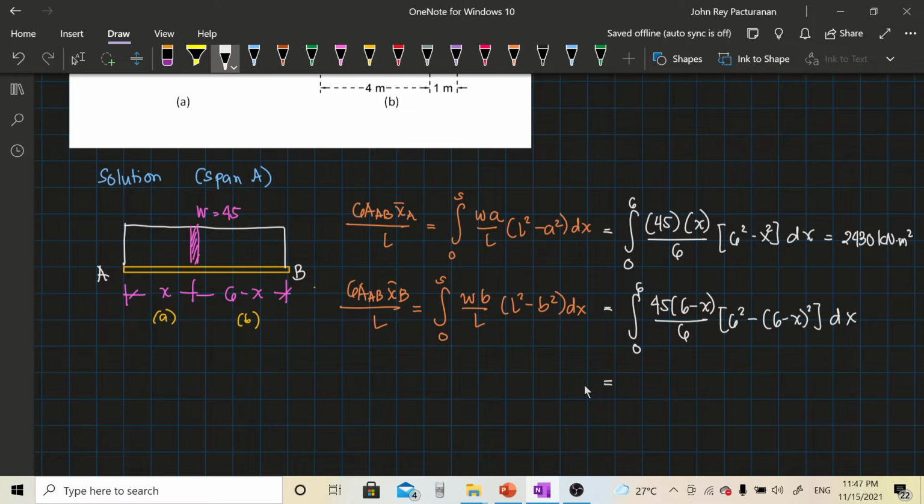When you compute this using your calculator, it is still 2430 kilonewton meter squared.